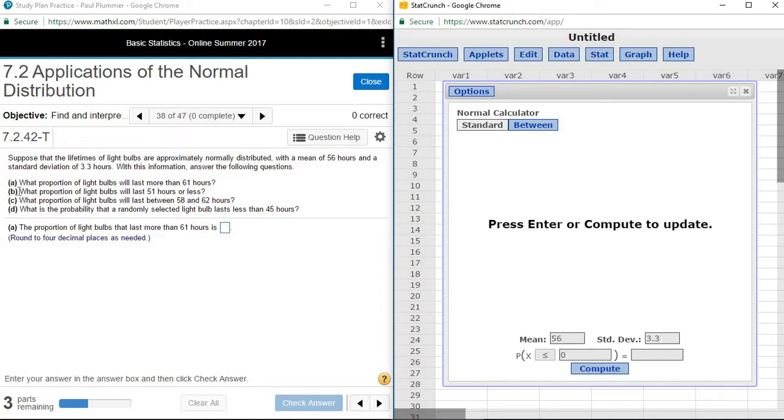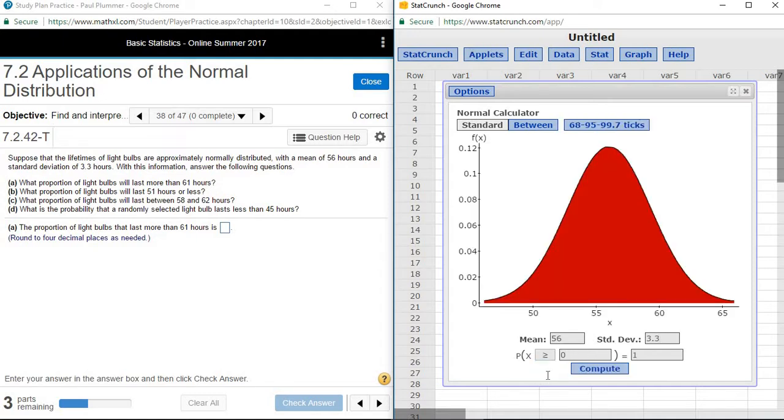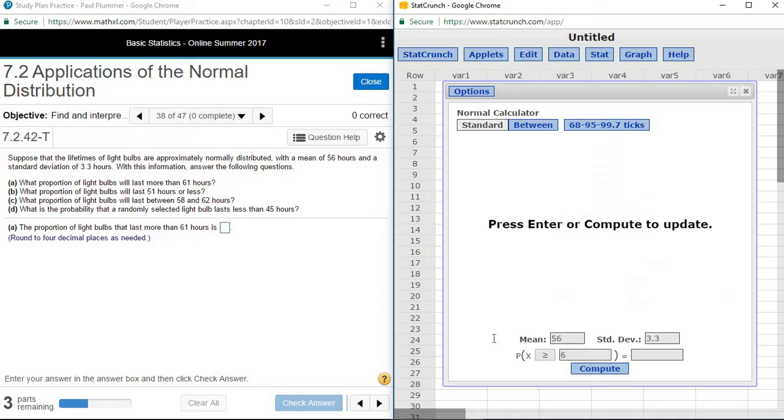In this case, part A, the proportion of light bulbs that last more than 61 hours. So more than, that would be greater than. The fact that there is an equal to here does not matter. The normal distribution is a continuous distribution, and therefore the equal or not equal part doesn't change the proportion or probability that we get.